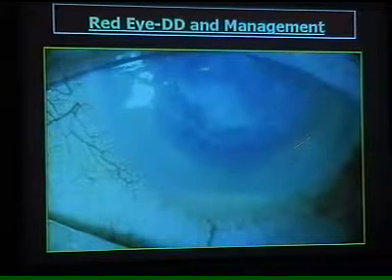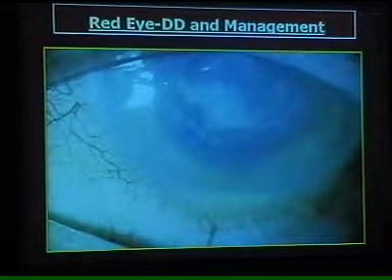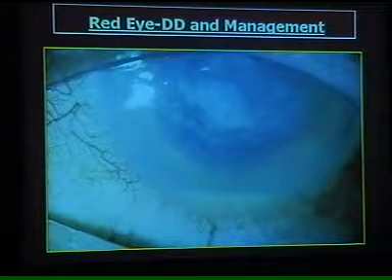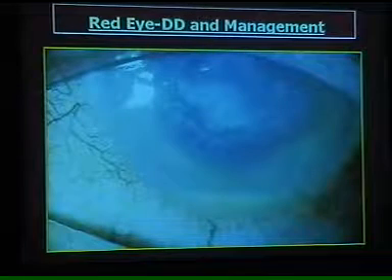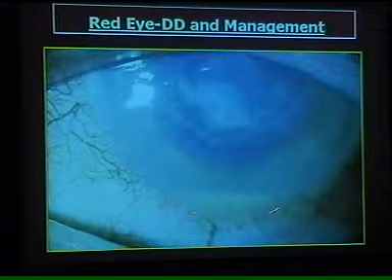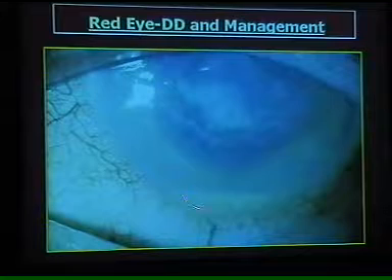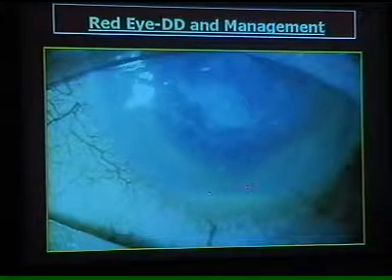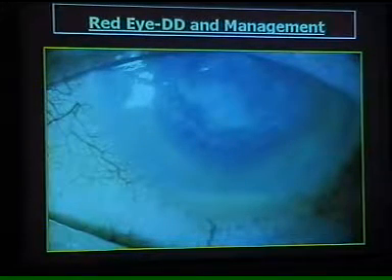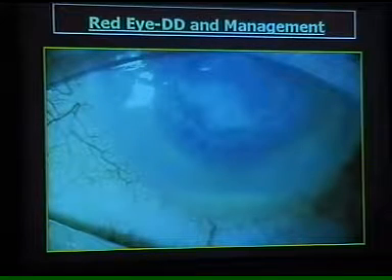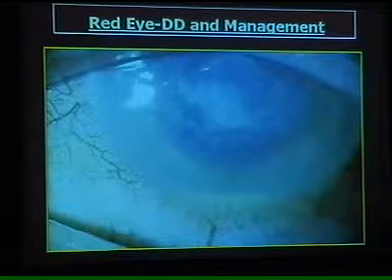But one more important thing, as a general clinician, I think you should be able to, of course, pick up the corneal finding, but not to leave or forget this important sign, which is hypopyon. Hypopyon, presence of pus in the anterior chamber.